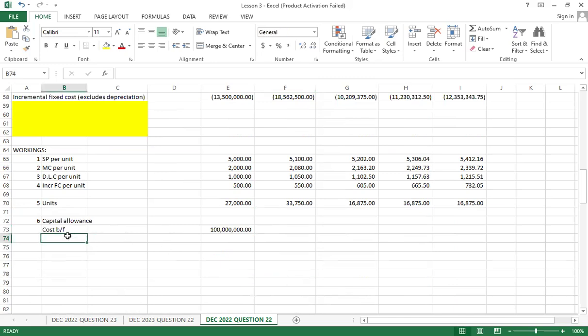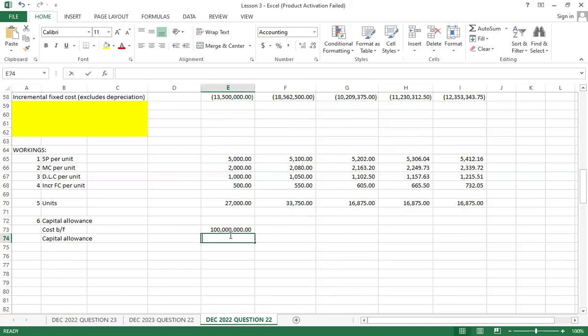On this 100 million, we can then provide for capital allowance. And the question says that we provide for it at the rate of 25%.